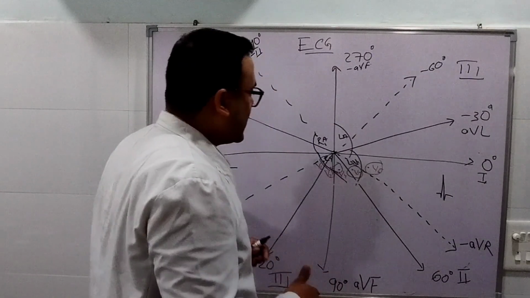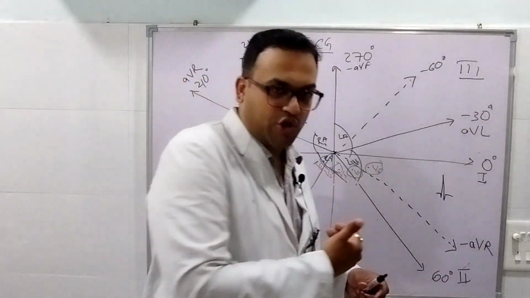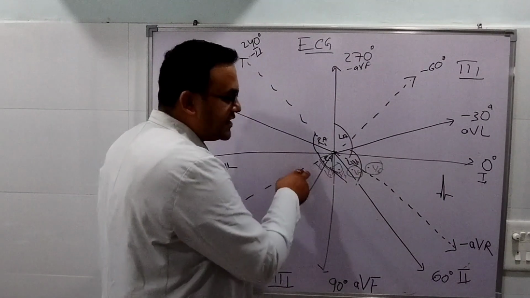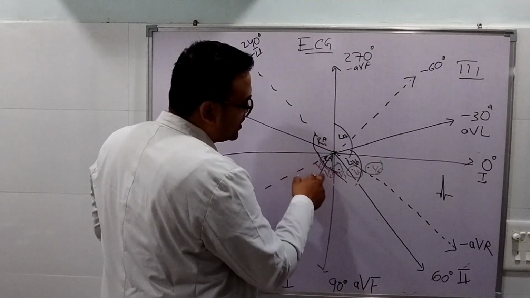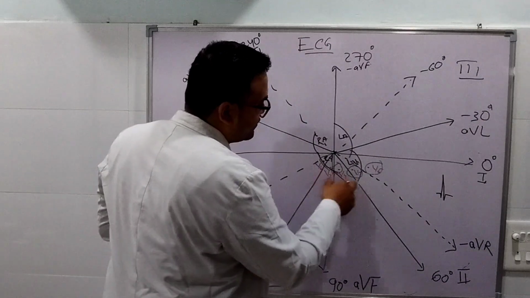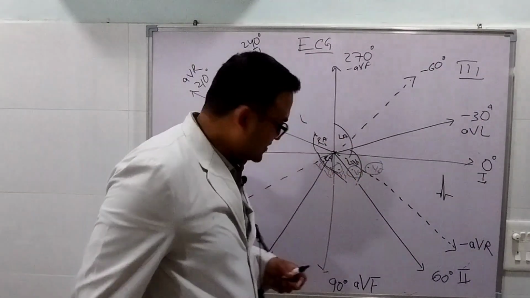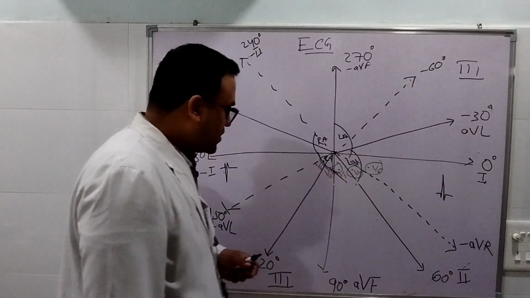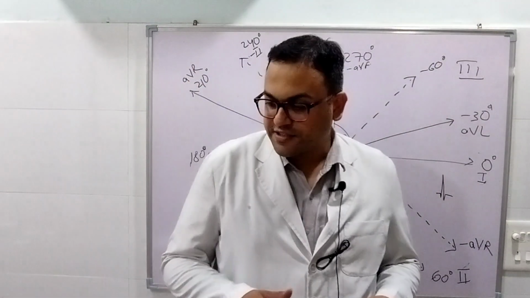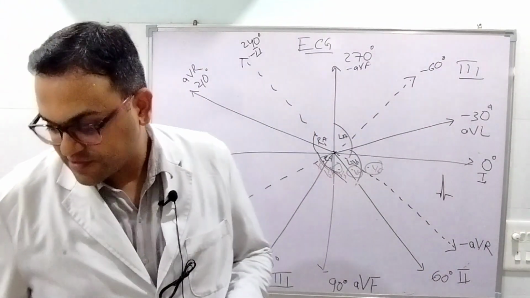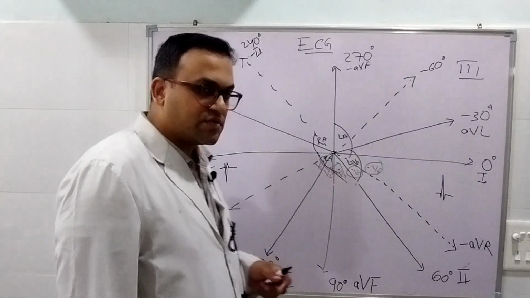And to look at the anterior wall of the heart, we have placed 6 chest leads: V1, V2, V3, V4, V5 and V6. I think it is clear. Okay, so let's go ahead.